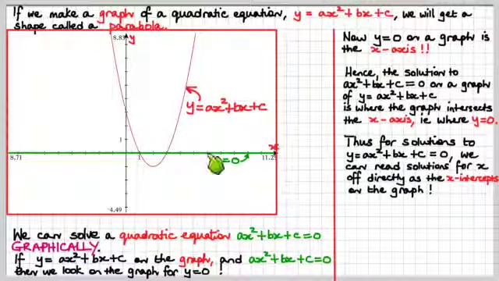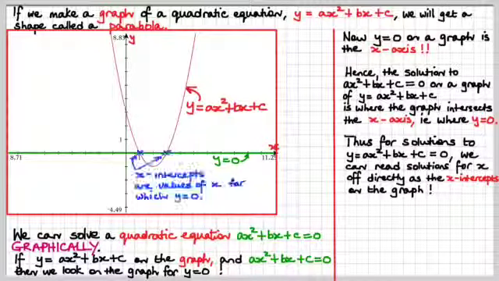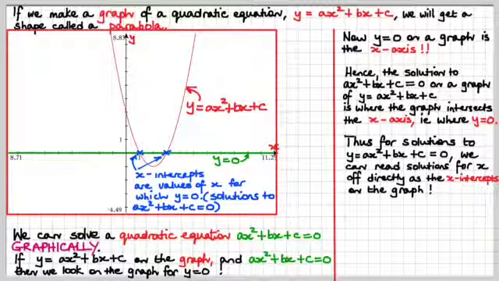That green line there is a graph of y equals 0 because it's the x-axis. So obviously the value of ax squared plus bx plus c is 0 here, and 0 here. So they are the solutions. Isn't that marvellous? What an easy way to do it. So the x-intercepts are the values of x for which y equals 0. They are the solutions to ax squared plus bx plus c equals 0.